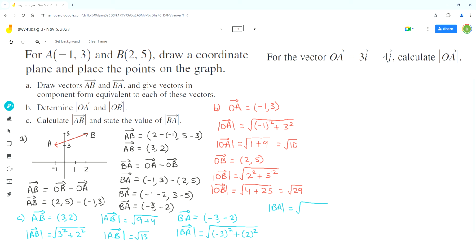So negative 3 square is 9 and negative 2 square is equal to 4. So we got the same result because vector AB and BA are just vectors in the opposite direction but have the same magnitude. So now we are done with the first problem.